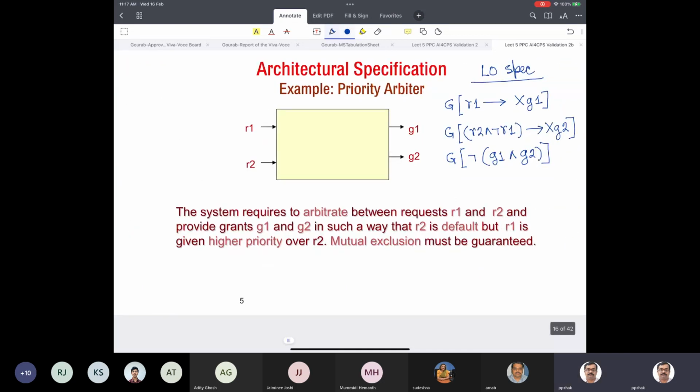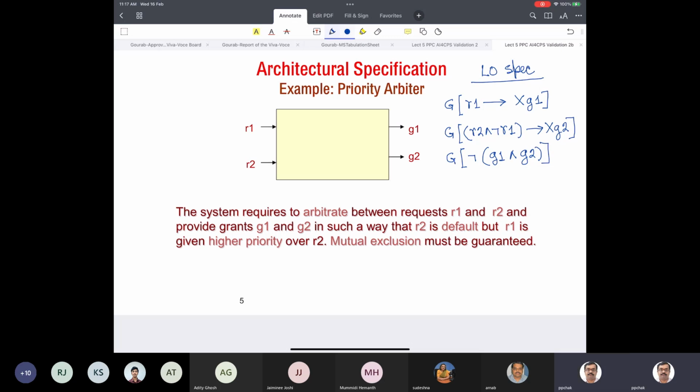So our problem is as follows. There is a box which receives requests R1 and R2 and gives grants G1 and G2. So there are 2 request lines and there are 2 grant lines.